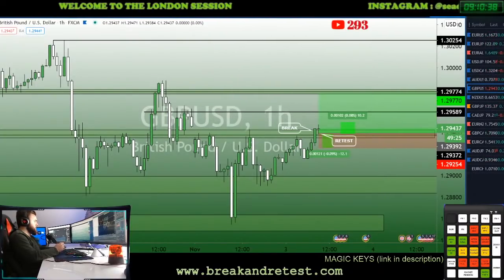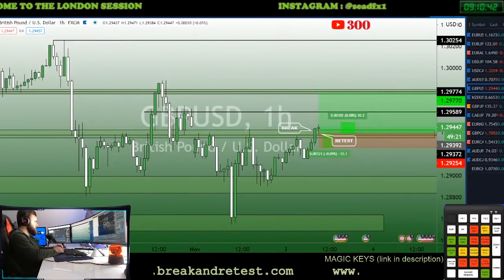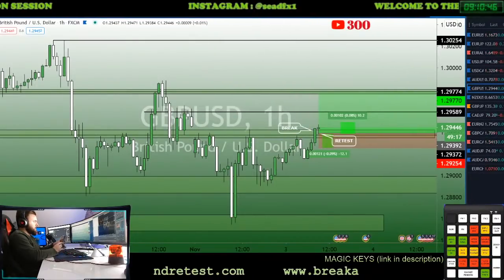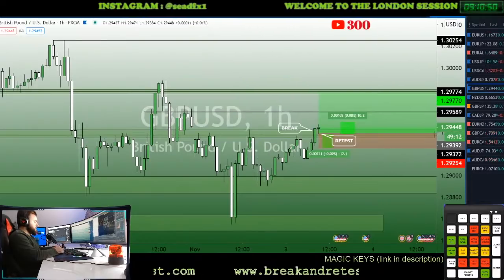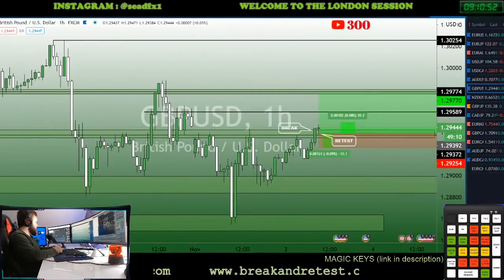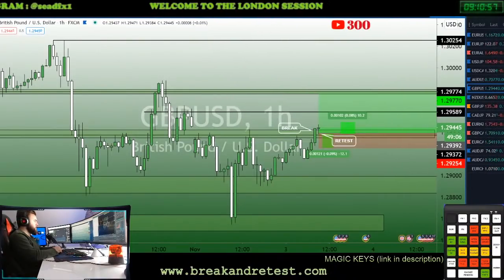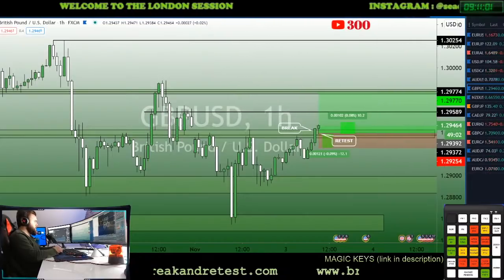With the magic keys, it's instant, so it's much better. I installed cTrader on the phone, and it's perfect, man. It has all the options. cTrader is the boss.